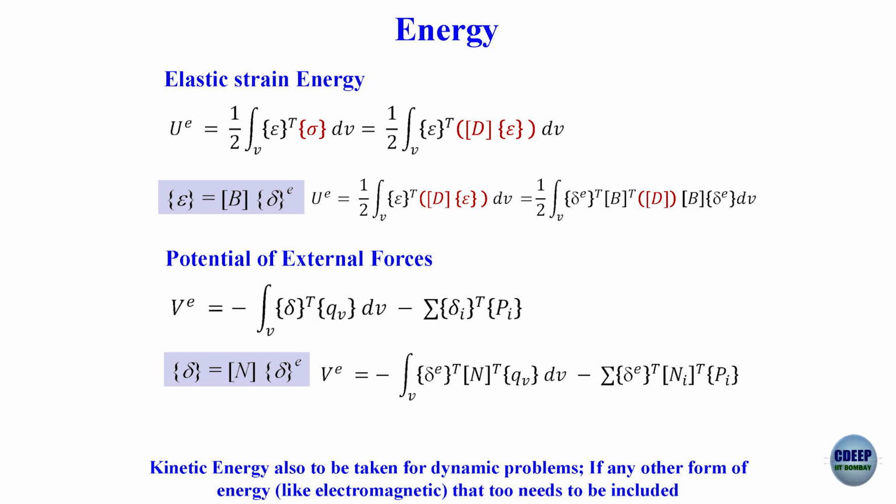That is what is in the potential of external forces. But delta at any point is given in terms of nodal displacement. So, I have put that N into delta, our first generic equation, into the potential of external forces. The expressions look complicated, but conceptually if you understand, then you will be able to easily follow that.